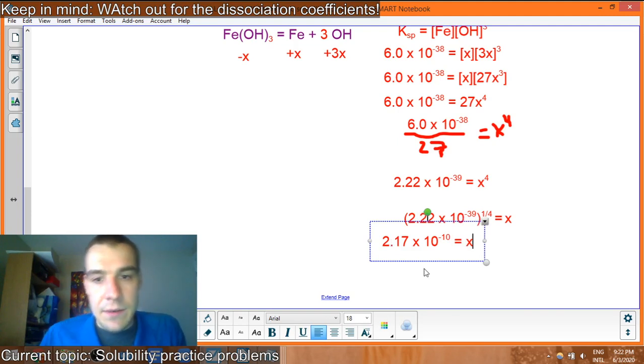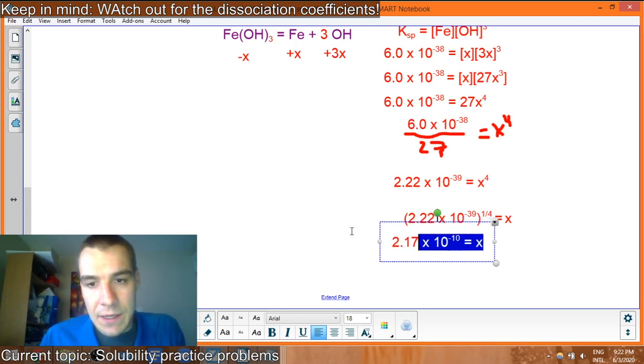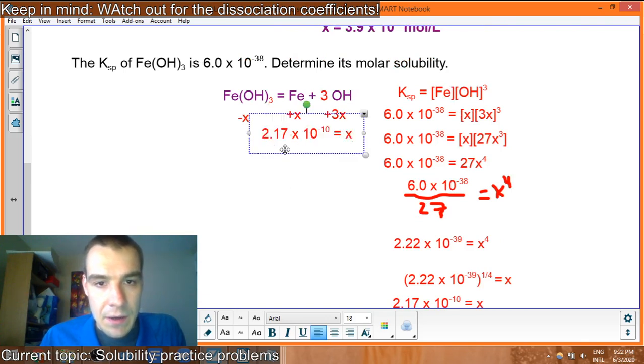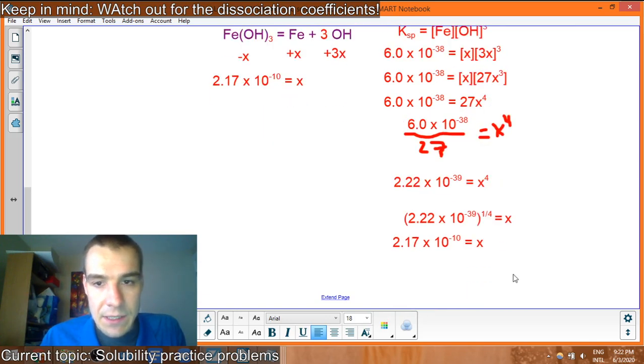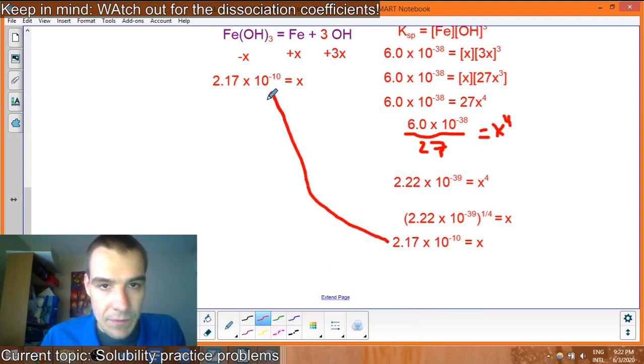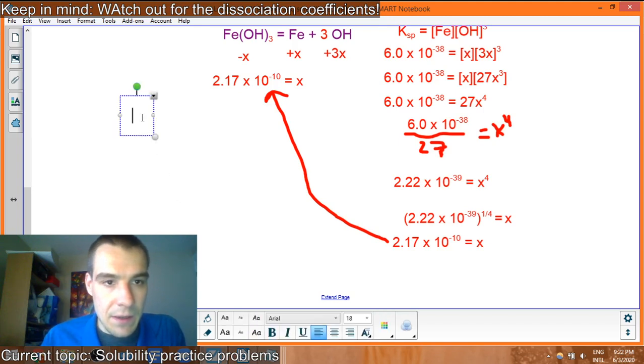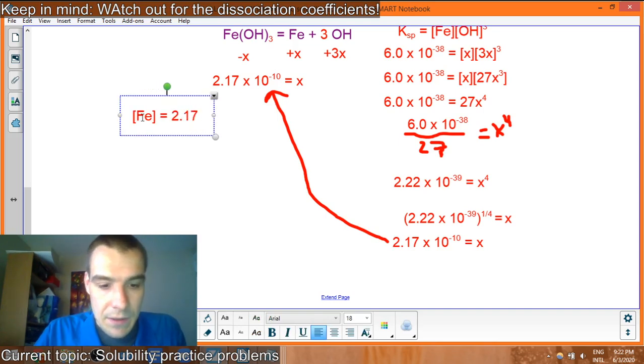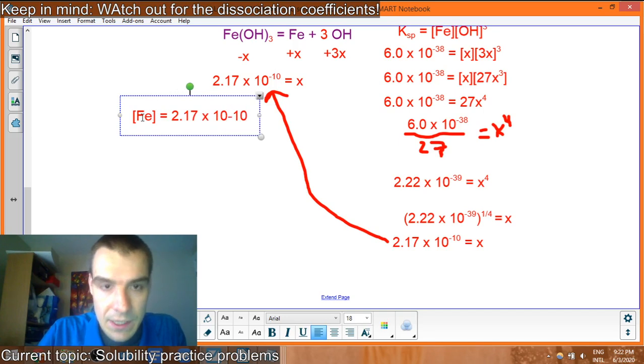2.17 times 10 to the negative 10 equals x, right? And then we can compare that up here. I just grabbed that and brought it up, for posterity's sake. So then the concentration of Fe at equilibrium is 2.17 times 10 to the negative 10.